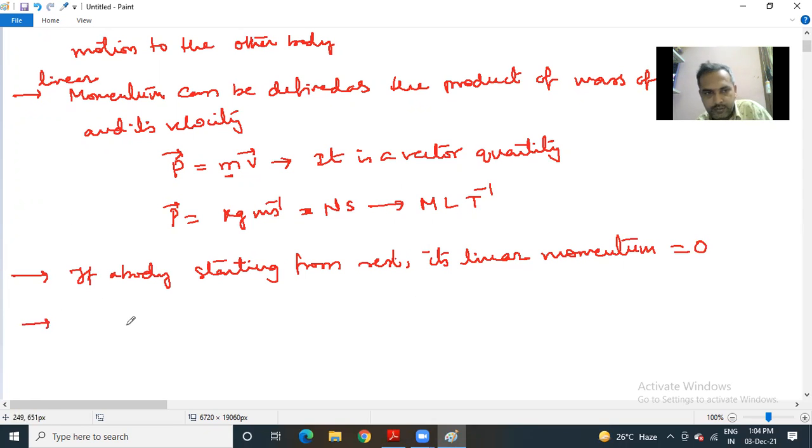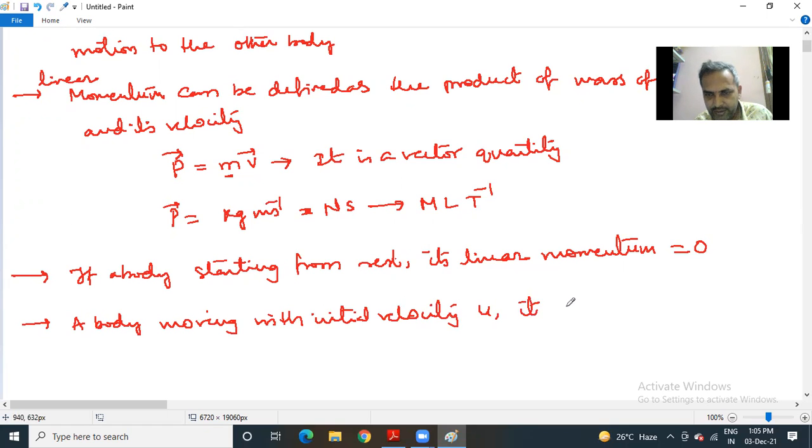Second point, suppose a body moving with initial velocity u attains the final velocity v.